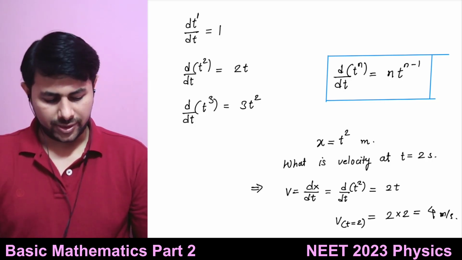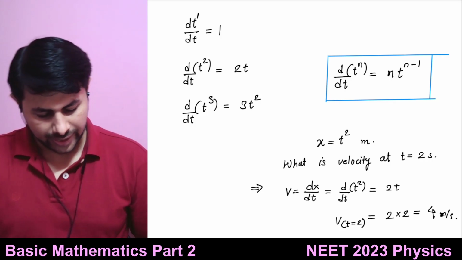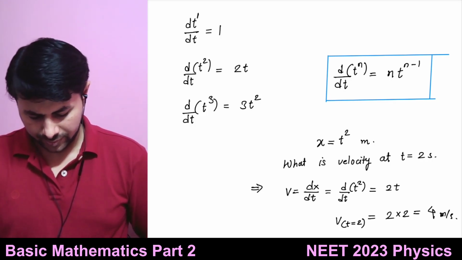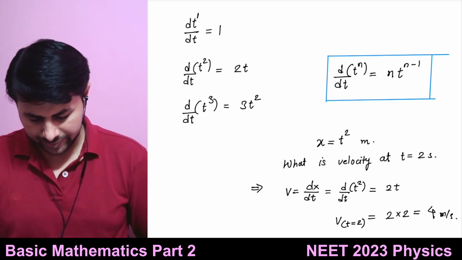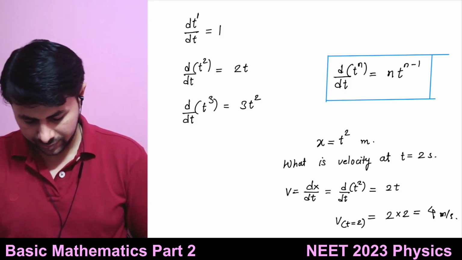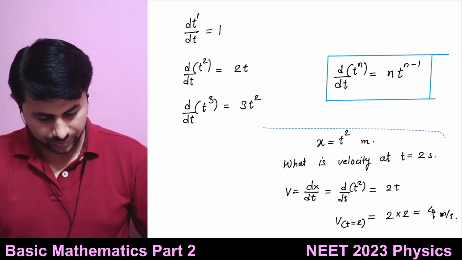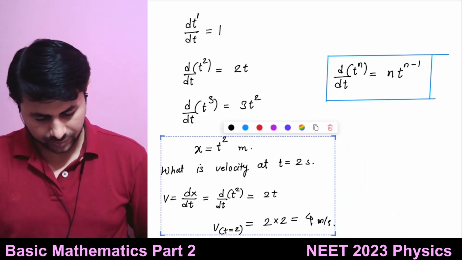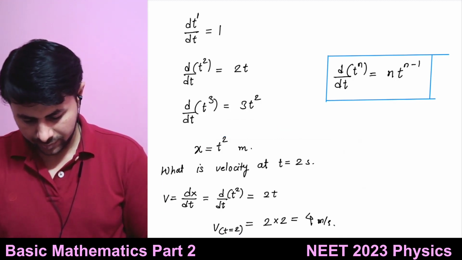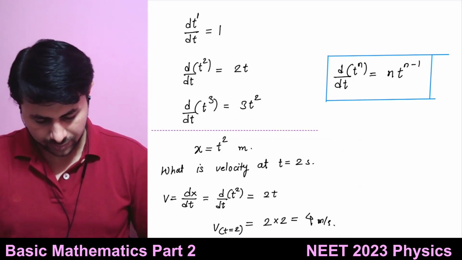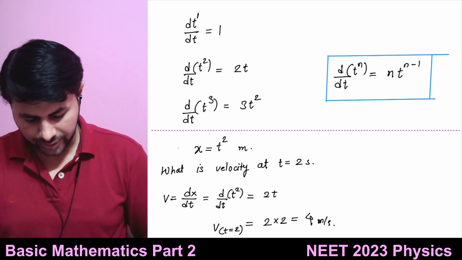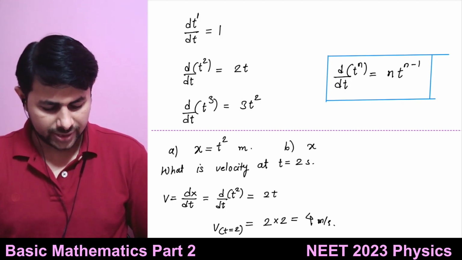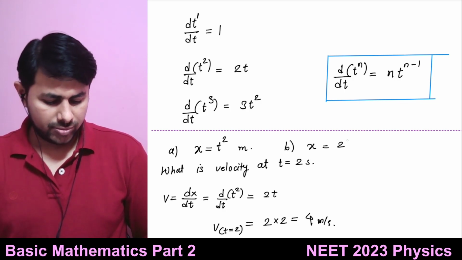Okay. So what if x is equal to t cube? Let's put this aside. Let's say A is this, and B is the position of a particle given as x equal to half t cube.